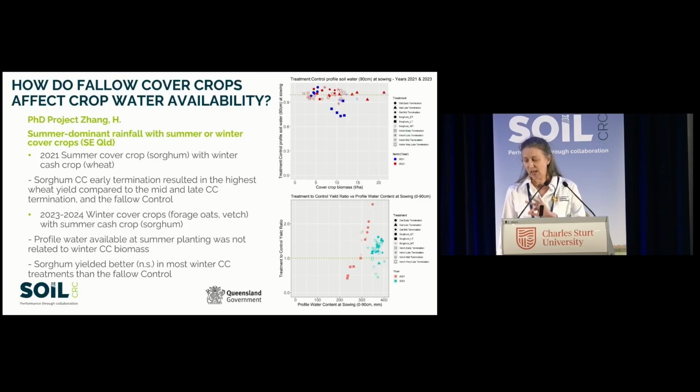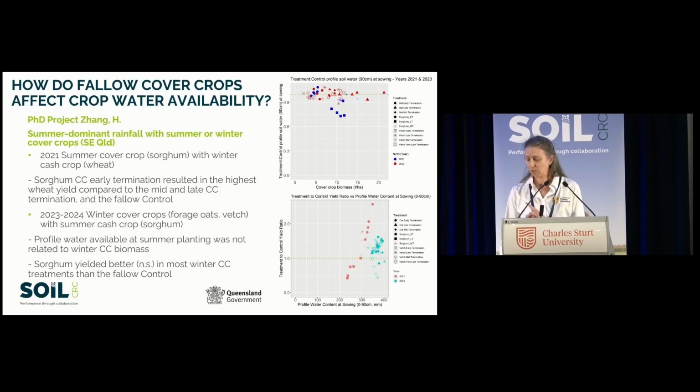And then flipping that to do a winter cover crop, followed by a summer cash crop of sorghum, the water profile at planting was not related to the winter cover crop biomass. So in those red symbols in the top graph, we don't see that downward trend in the way we saw it at Terry's site, or in the way we see with the blue dots from last year in Han Lu's site.